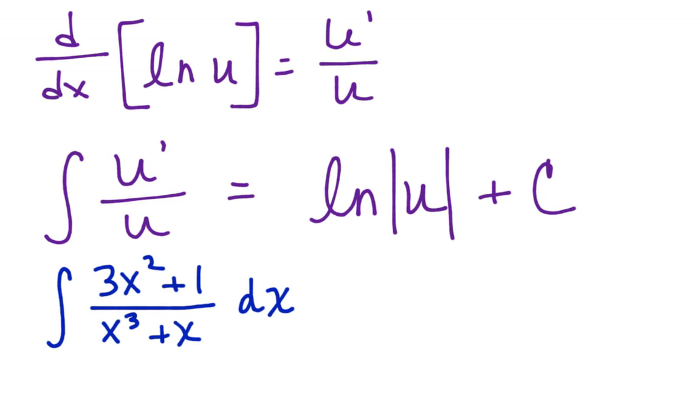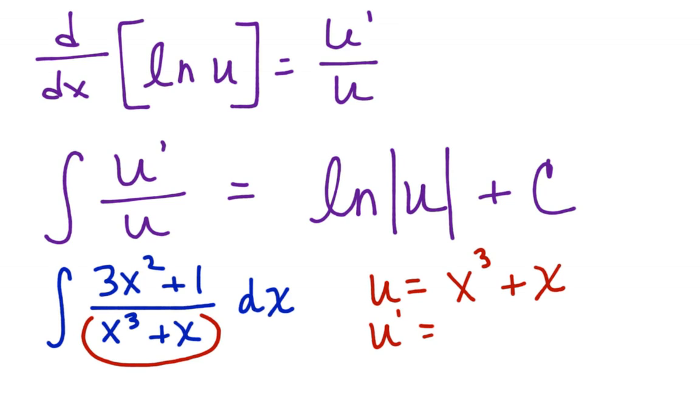So now I have to look at the integrals and see if I have a u prime over u scenario. So I look at my numerator, 3x squared plus 1. I look at the denominator, x cubed plus x. Do I have a u prime scenario? Well, let's talk about u being the denominator, x cubed plus x. U prime would have to be the numerator.